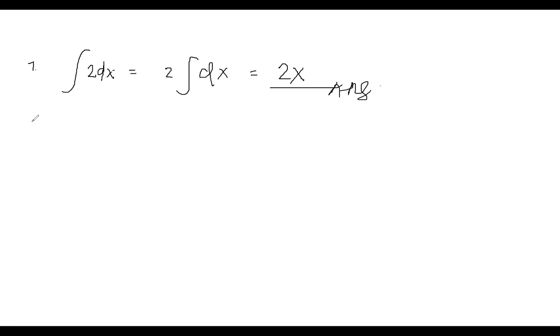So let's have another example. Let's have 3 dx over x. So what is the first thing we will do and what properties will we use? Right? So first we check if there is a constant so we can take it out of the integral symbol. Since there is, which is 3, we take the 3 out, and that's 1 over x dx.